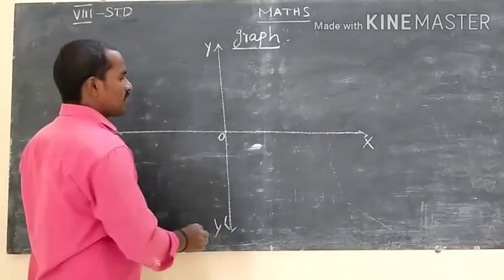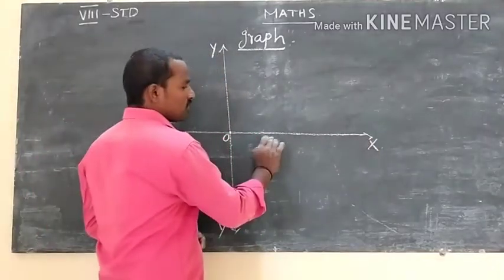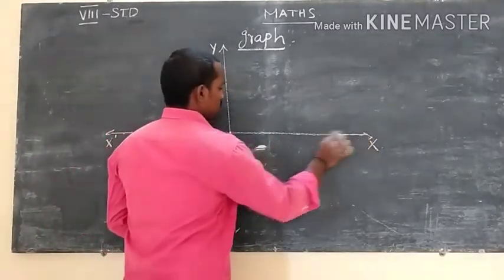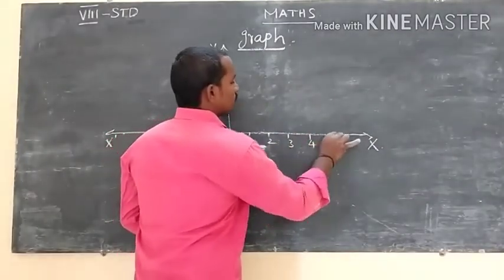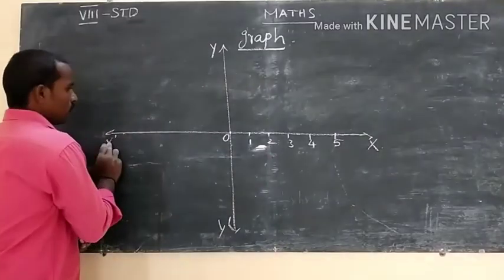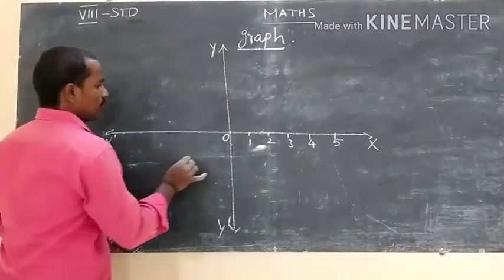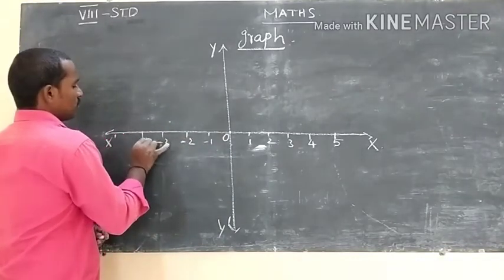Now the signs. The x coordinate of a point is positive along OX: 1, 2, 3, 4, 5 are all positive values. It is negative along OX dash: -1, -2, -3, -4.